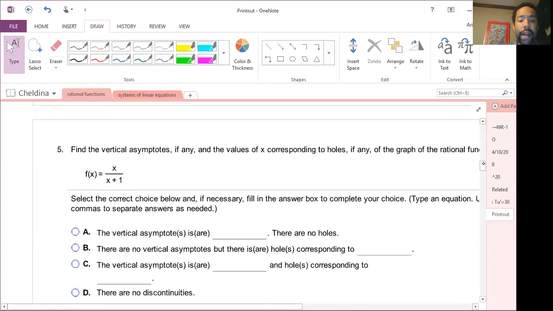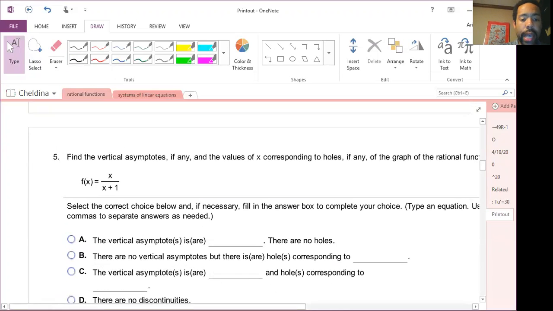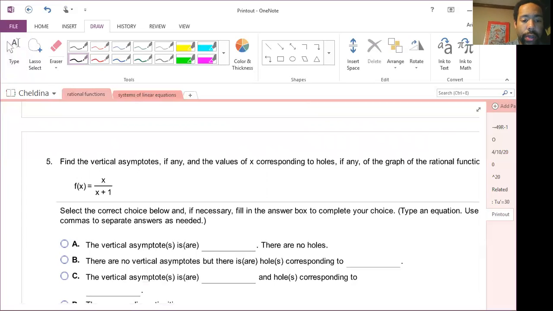Here, we're going to find those vertical asymptotes, and this is not any different from finding the values where the domain is undefined. As long as you can't simplify, you set the denominator equal to 0. So x plus 1 equals 0.